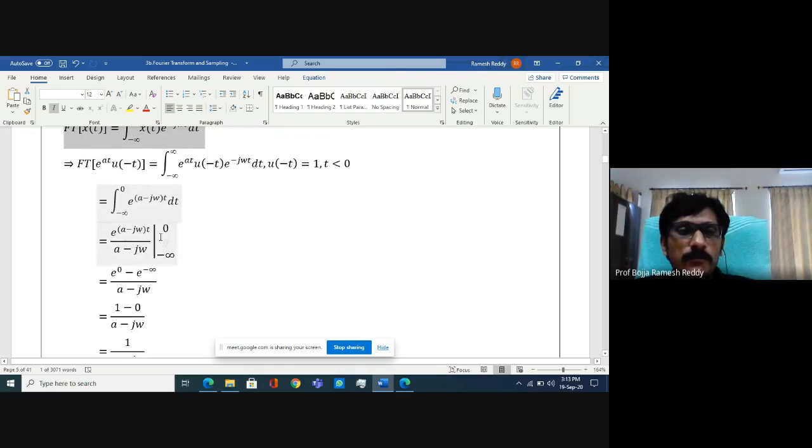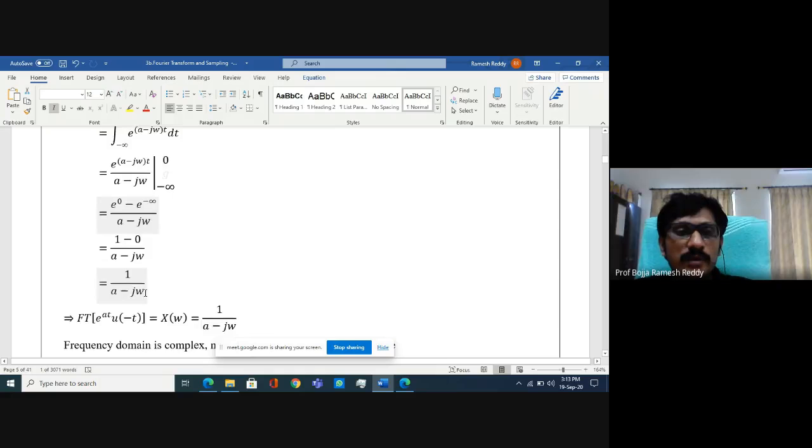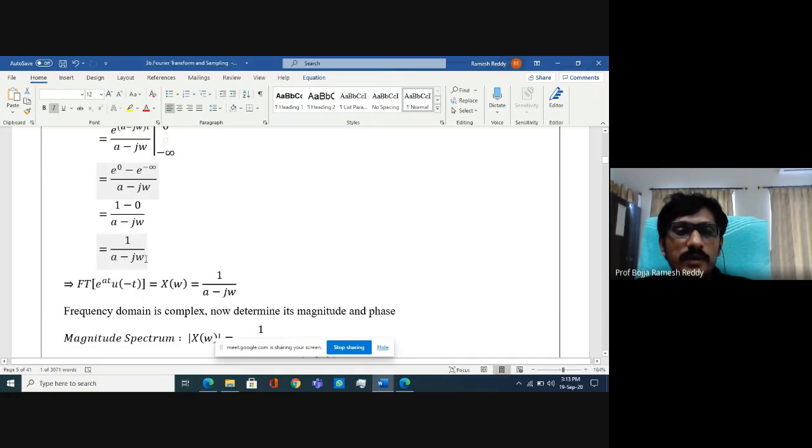Now integrate it. Integration of e power x is e power x by coefficient of t. Substitute upper and lower limits. At t equal to 0, e power 0 is 1, minus e power minus infinity is 0, that is 1 minus 0 by a minus j omega, that is 1 by a minus j omega.